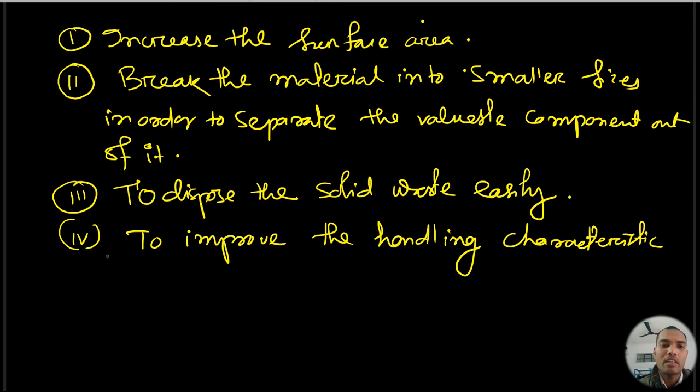If you load the entire tree into one truck, it might not be convenient, or the space of the truck might not be utilized fully. But if we reduce it into smaller sizes, then we can fill every part of the truck with the wood and transport it very easily. It will be convenient to handle also.